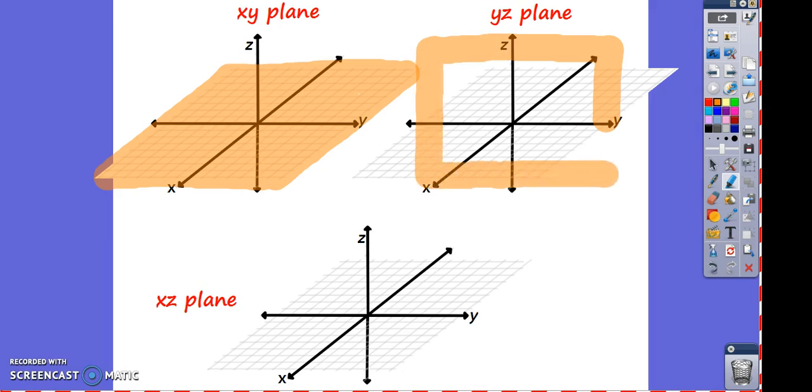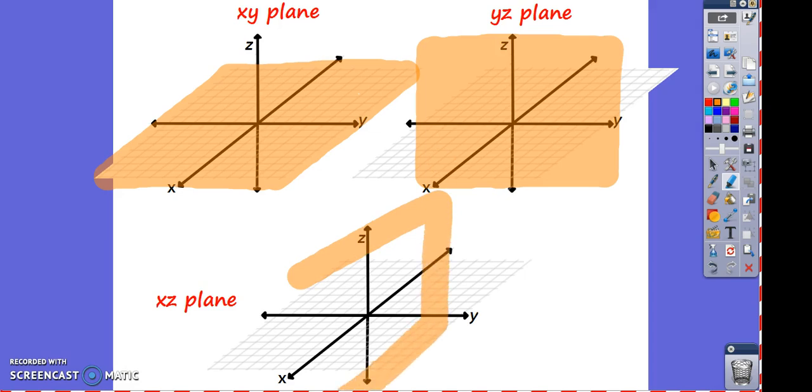It's technically going to go outside of our classroom too, because planes are infinite, but it's the, I guess, sort of vertical surface that's flat against our front wall. The xz plane, also a vertical surface, only it's the other wall, the wall that has the door on it, if we're trying to picture it in this classroom.